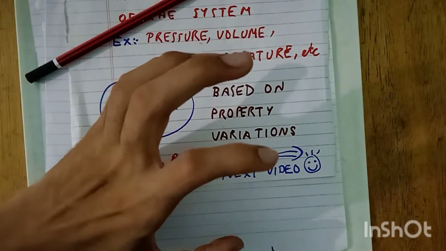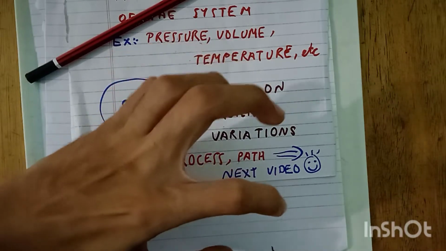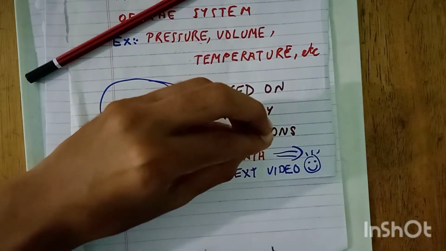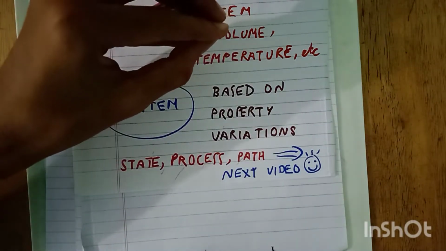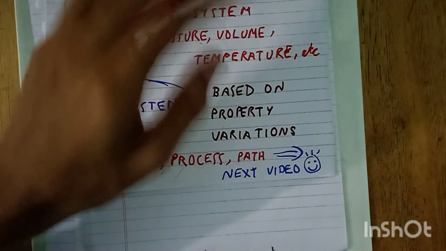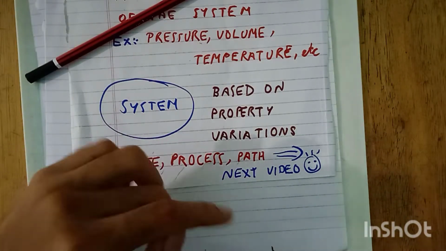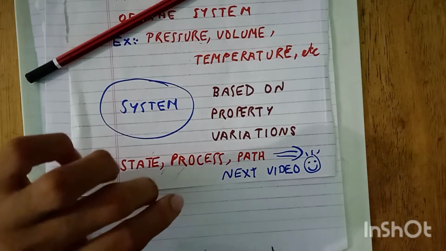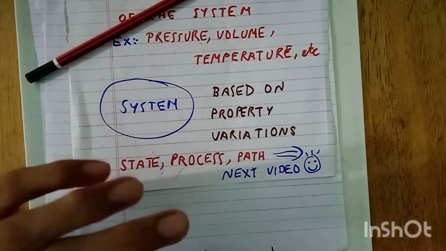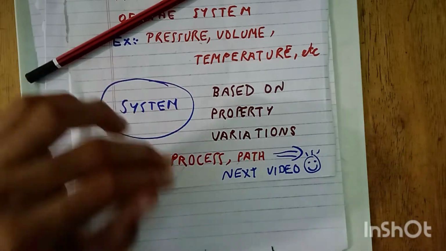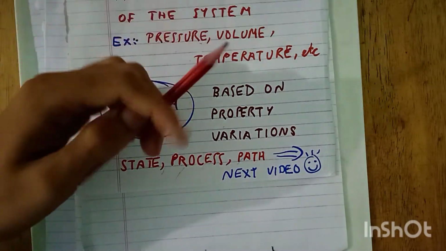From one certain definite set of values, the system changes to another definite set of values of properties. For all that we have terms such as state, process, and path. You would have seen these terms in your earlier classes, in your science books, so you will be familiar with this.